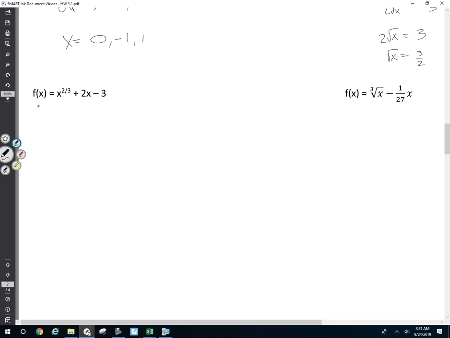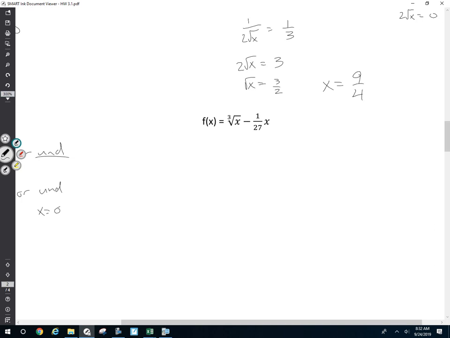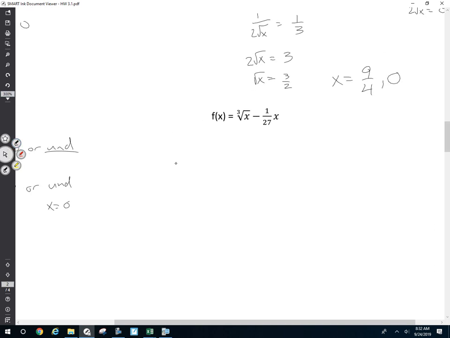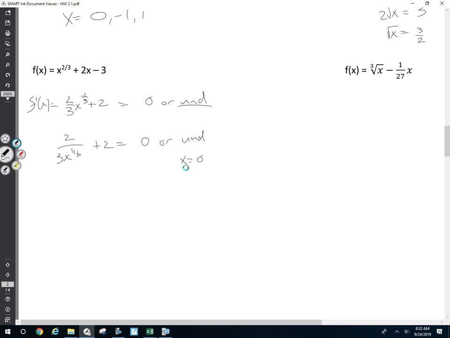Let's see this guy. 2/3 x to the -1/3 plus 2. That will equal 0 or be undefined. Don't forget about this, because when x is 0, make sure over here we list off 0 as another one. When x is 0, we'll have a 0 in the denominator. Our derivative will be undefined. Okay, so that's one.